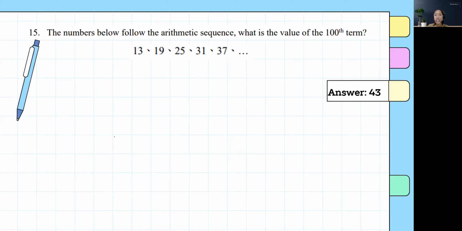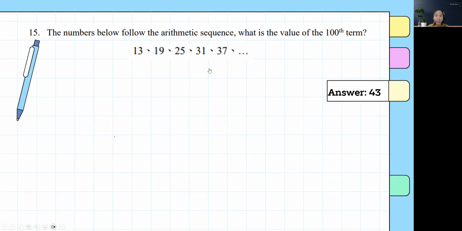So we have here 13 and 19. How do we get from 13 to 19? That is by adding 6. 19 to 25, that is also by adding 6. Did someone say something? Yes, I think the answer is 607.